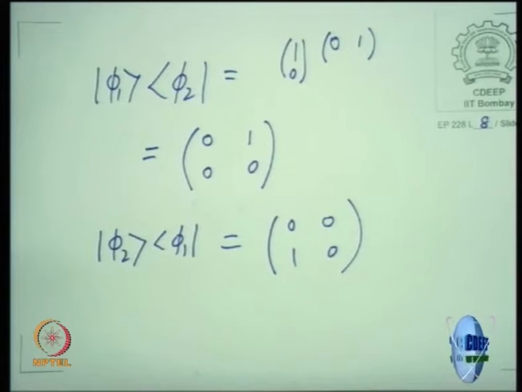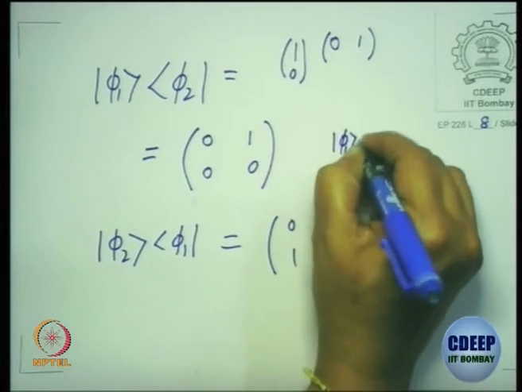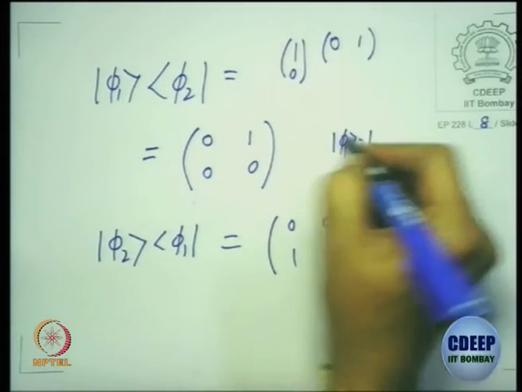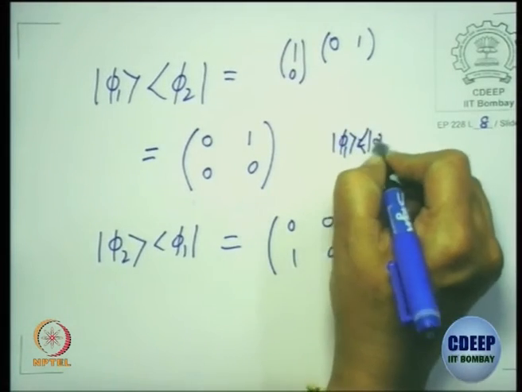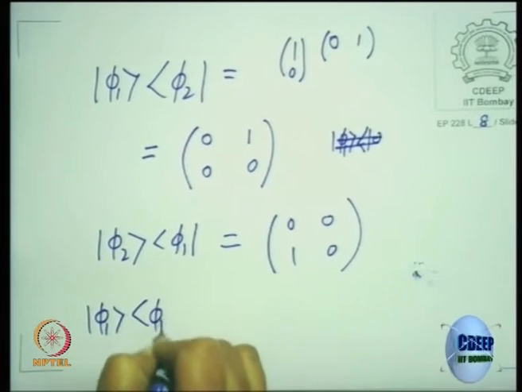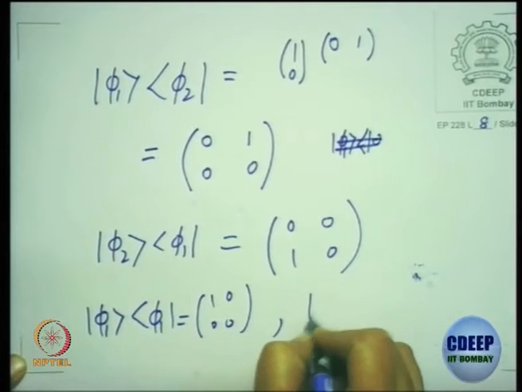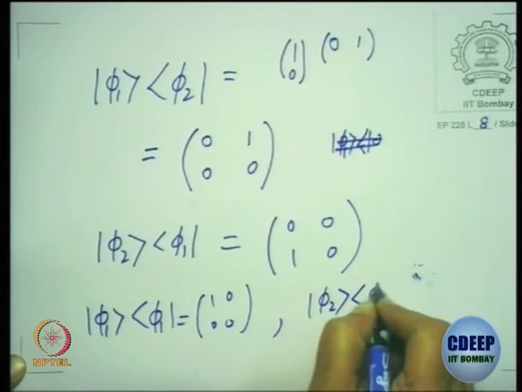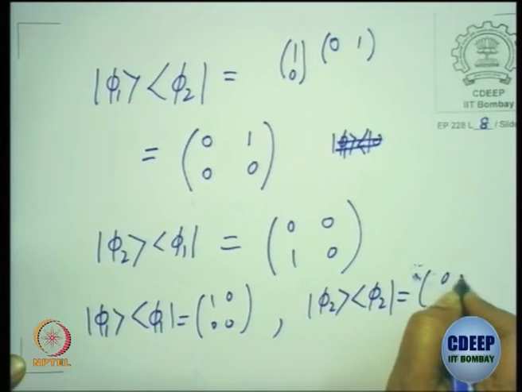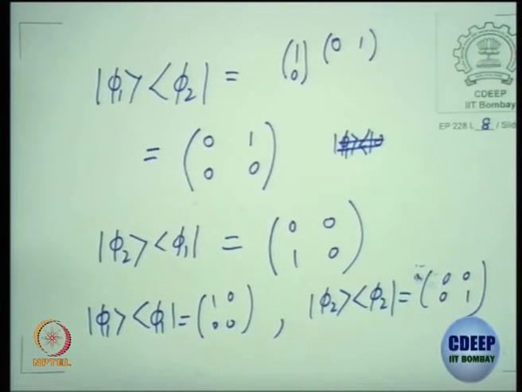And the earlier ones were the diagonal elements, 1-1 was non-zero, right? Phi 1 phi 1 is 1 0 0 0 and phi 2 phi 2 is 0 0 0 1. So, this should tell you something.